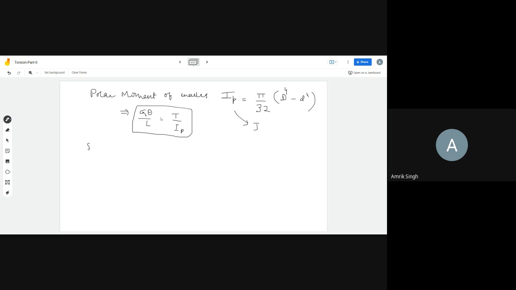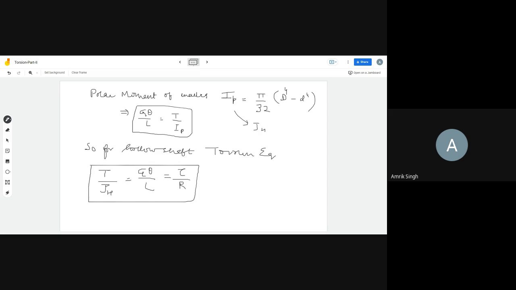Okay. So this way it proves the second part. For the hollow shaft, the torsion equation becomes T by J hollow, J_H, is equal to G theta upon L is equal to tau upon R, where R is the radius. The other things are the same.